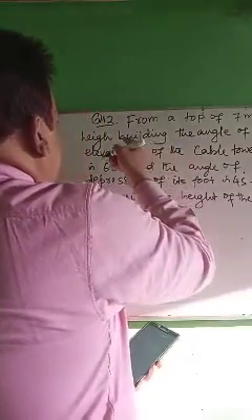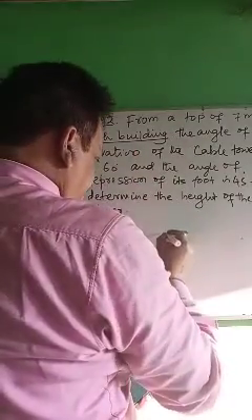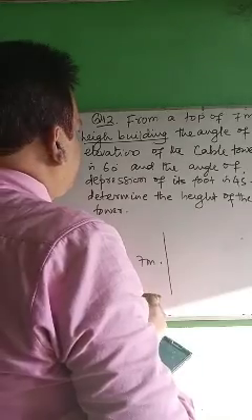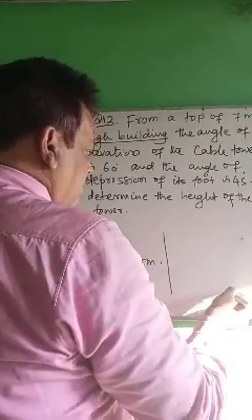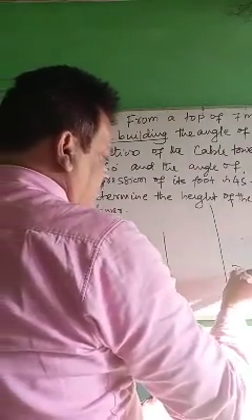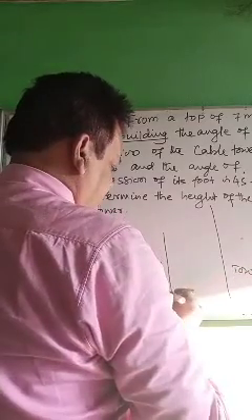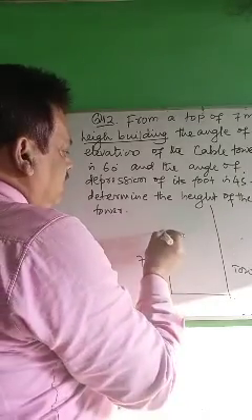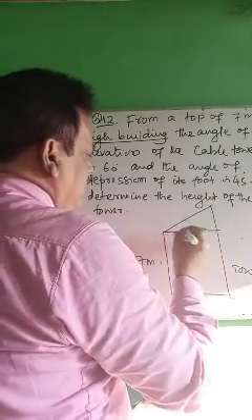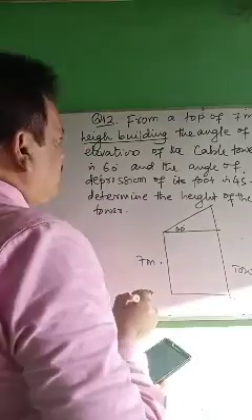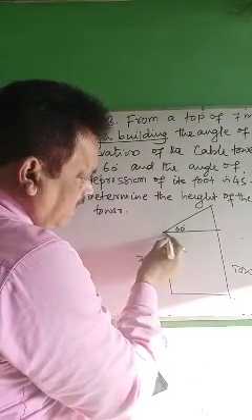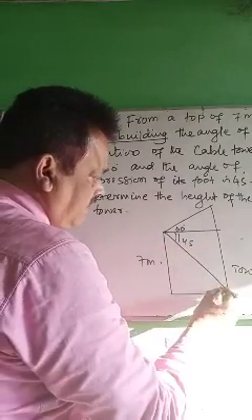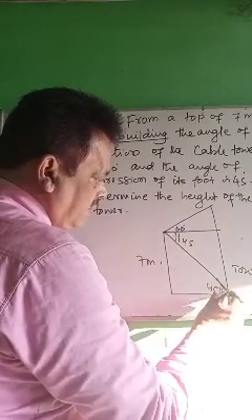From the top of a 7-meter high building, this is 7 meter, the angle of elevation to the cable tower is here, this angle is 60 degree. Then the angle of depression will come down, this angle is 45 degree, this is 45, alternate angles.